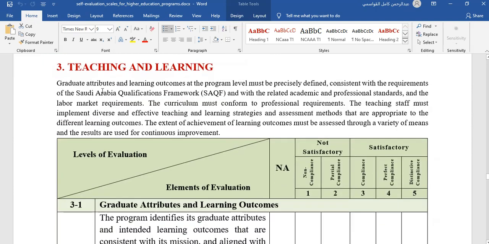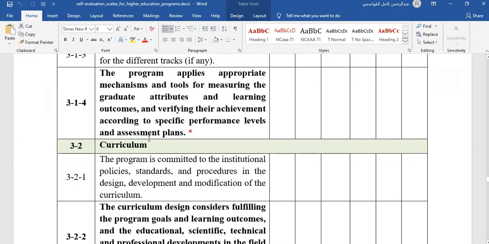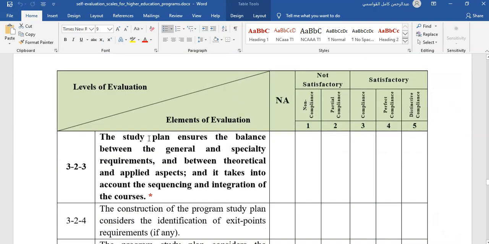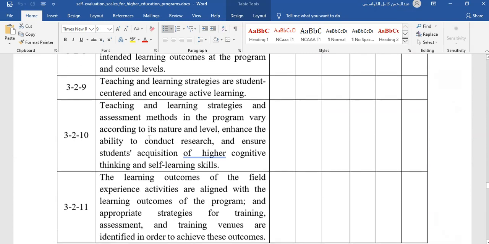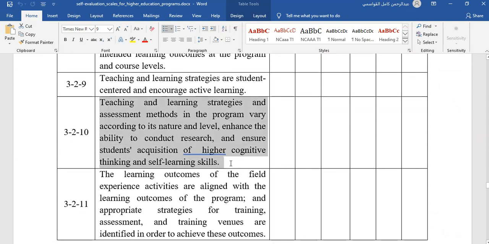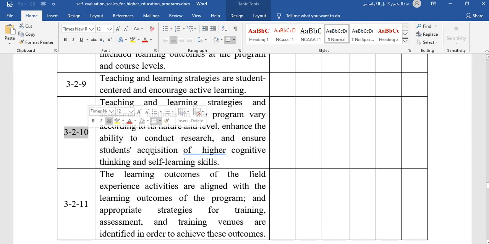Now, this is number 3, teaching and learning. 3 to 10 means we are talking about this item. Teaching and learning strategies and assessment methods in the program vary according to its nature and level, enhance the ability to conduct research, and ensure students' acquisition of higher cognitive thinking and self-learning skills. So this is the 10, 3 to 10.